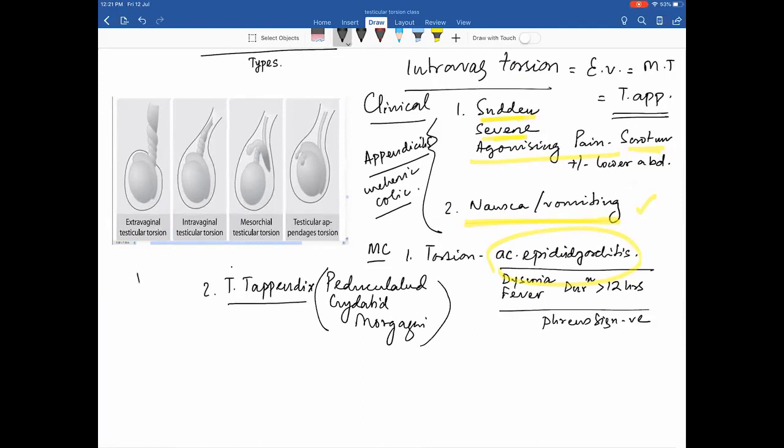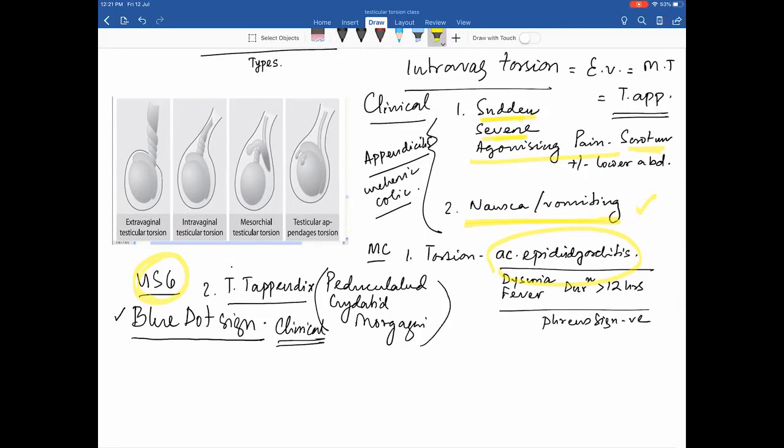On doing an ultrasound, you get a sign called the blue dot sign. Clinically this is a sign, and the investigation of choice is always an ultrasound, which we'll talk about later, that distinguishes between these.